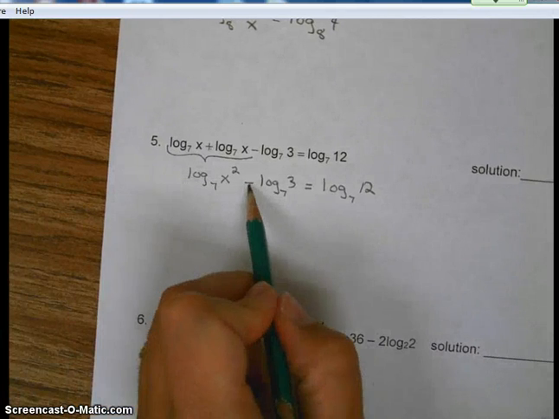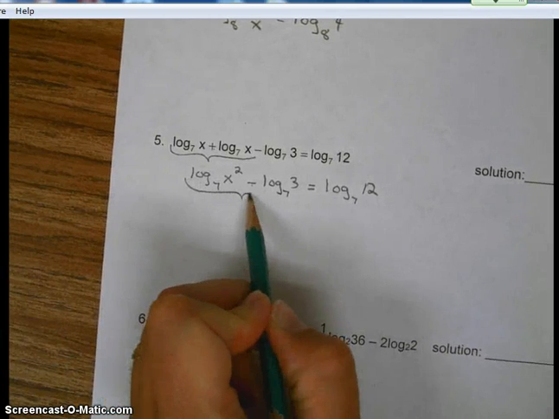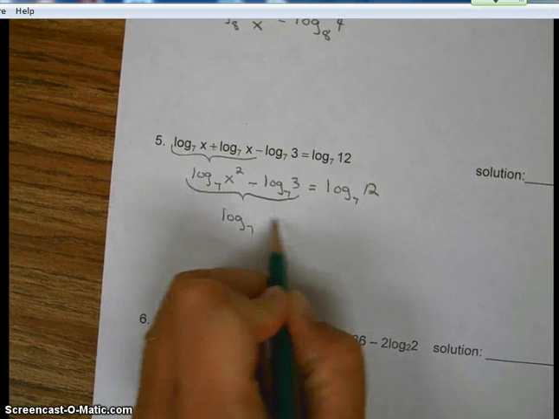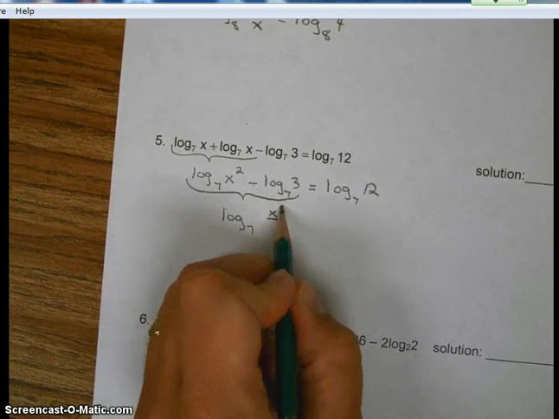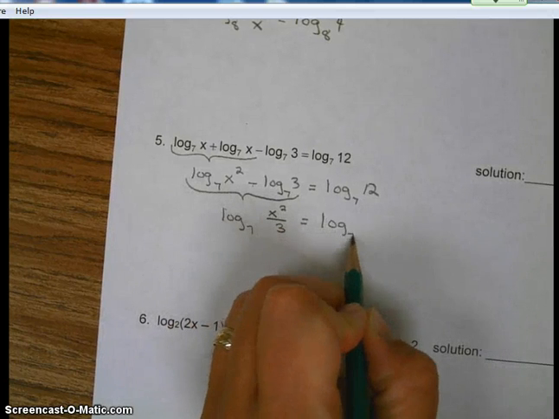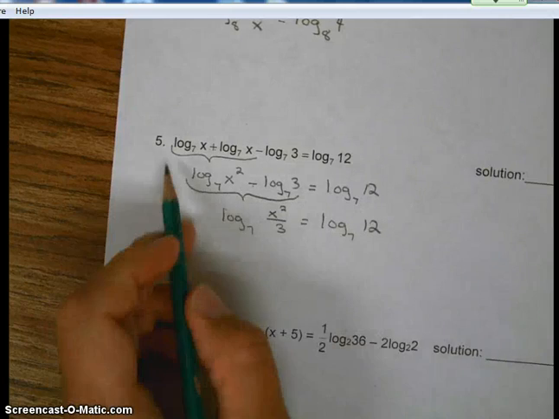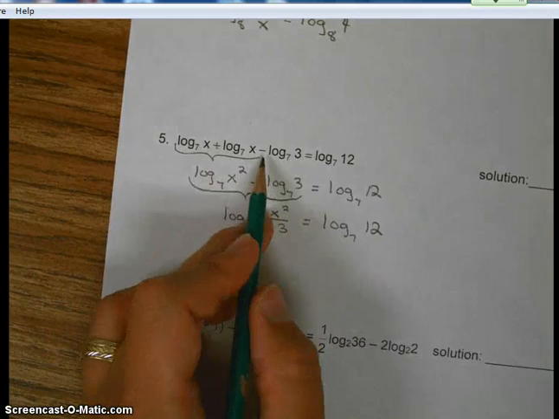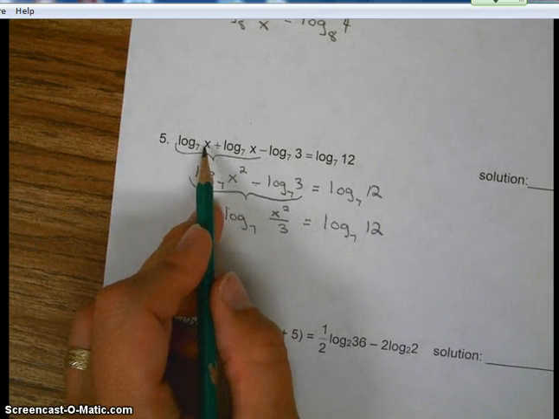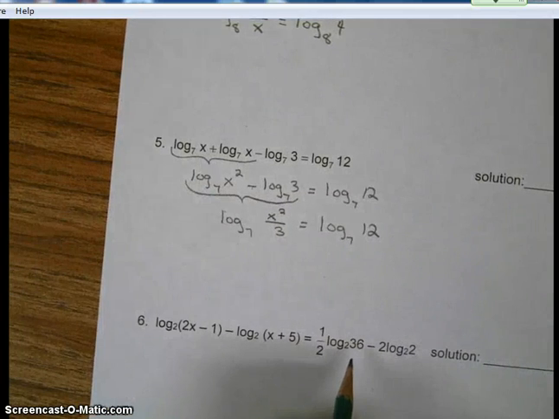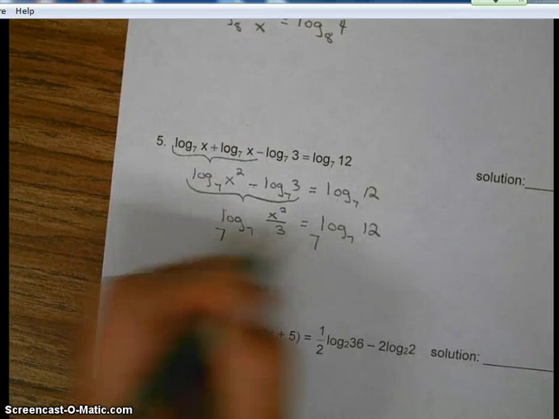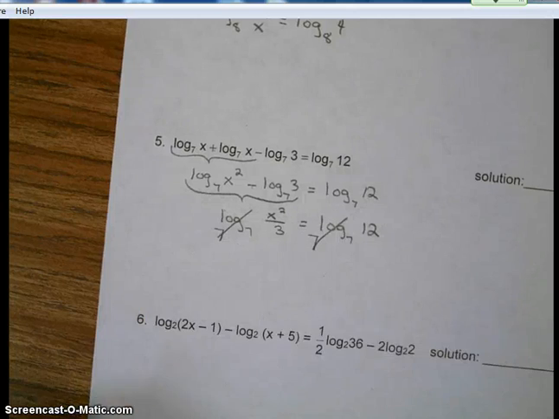Okay, subtracting, so to condense these, we're going to end up dividing. Remember, when solving logs, it's helpful to make sure you condense if possible. Okay? Alright. Do the base 7 on both sides to cancel out the logs.